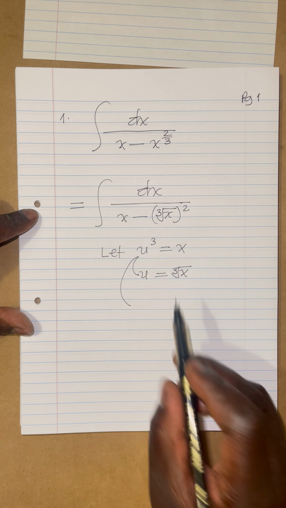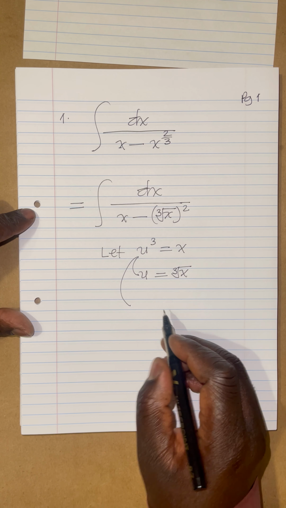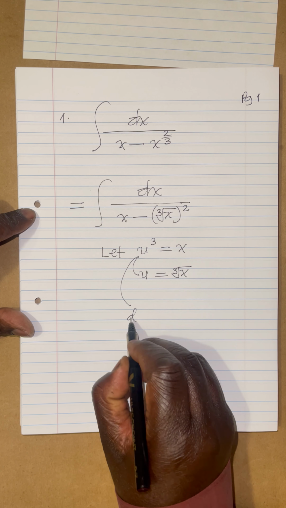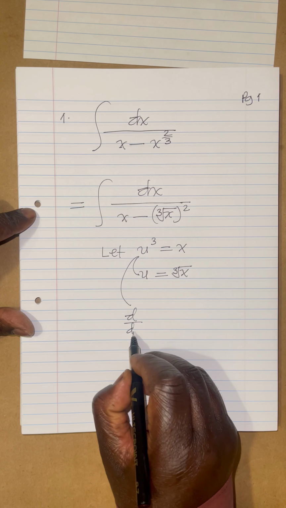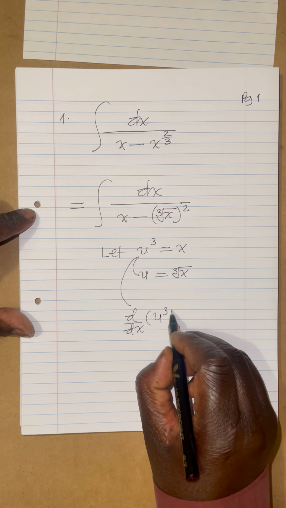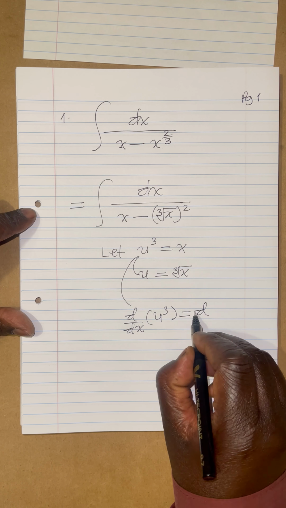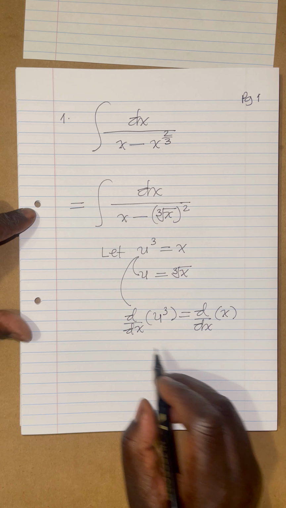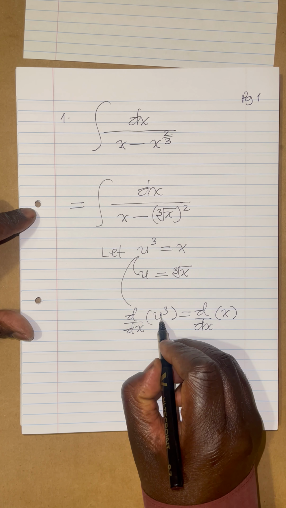Because we have u cubed here, we have to use chain rule, differentiating that implicitly, of course. So basically, I'm saying we're going to say d with respect to x, in other words, derivative with respect to x of u to the power 3. This must be equal to derivative with respect to x of x. Now, on the left-hand side, remember we have to use chain rule.